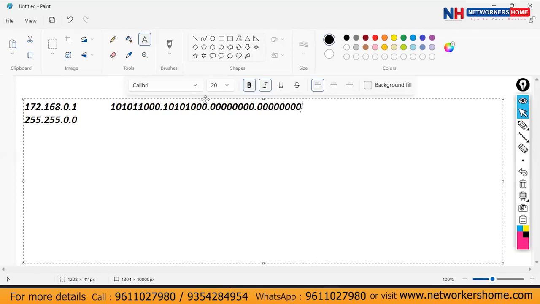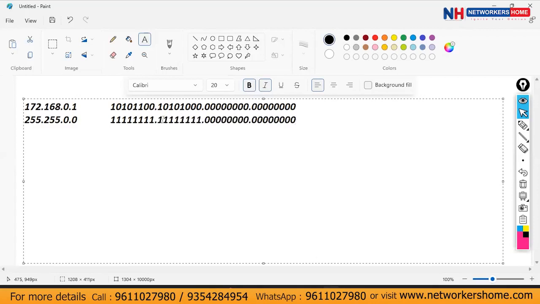Is it correct? Then if you write your subnet mask in binary, it is 8, 3 and 5, 8. Okay, this is correct.